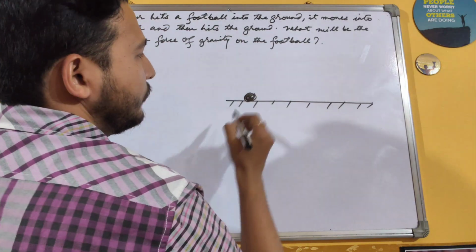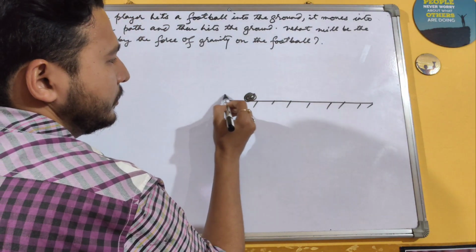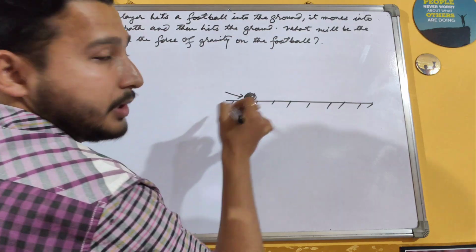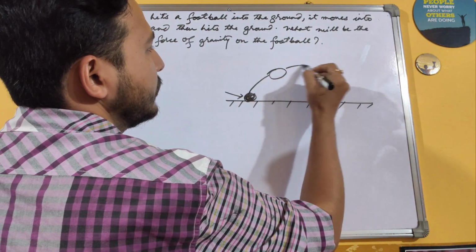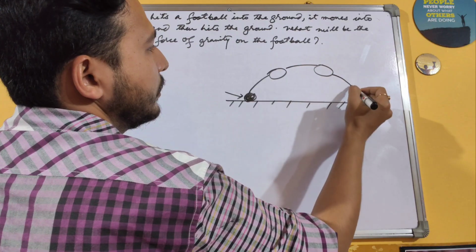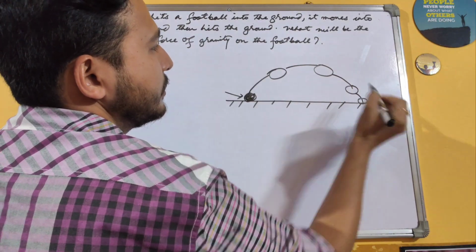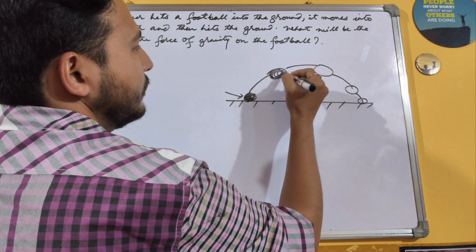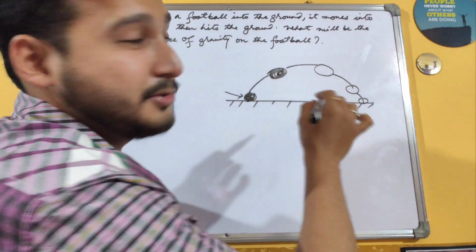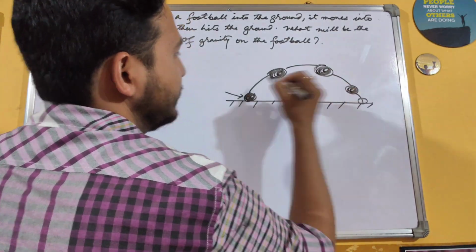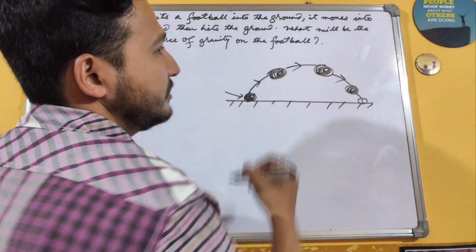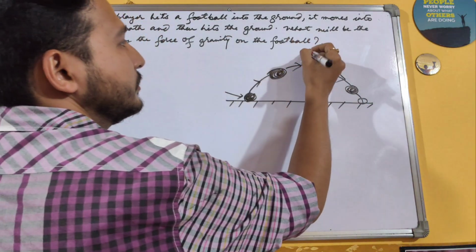When you hit the football, it goes like this, and then it hits the ground. Never mind my drawing, it's just rough.